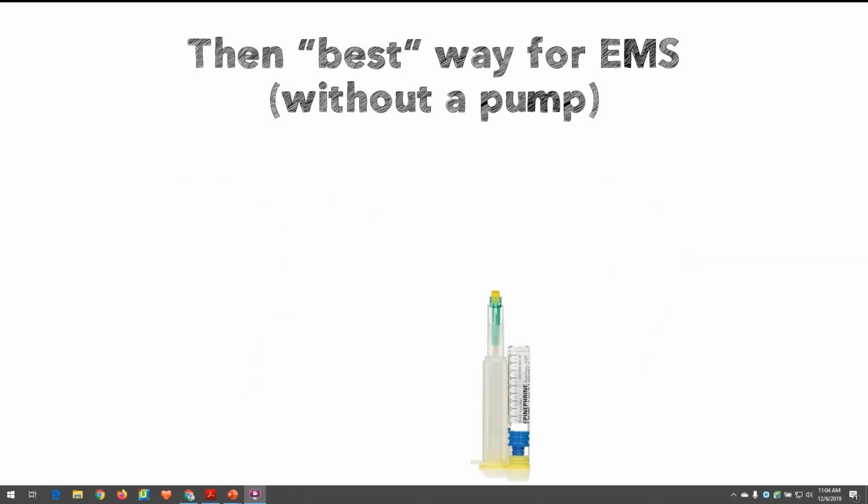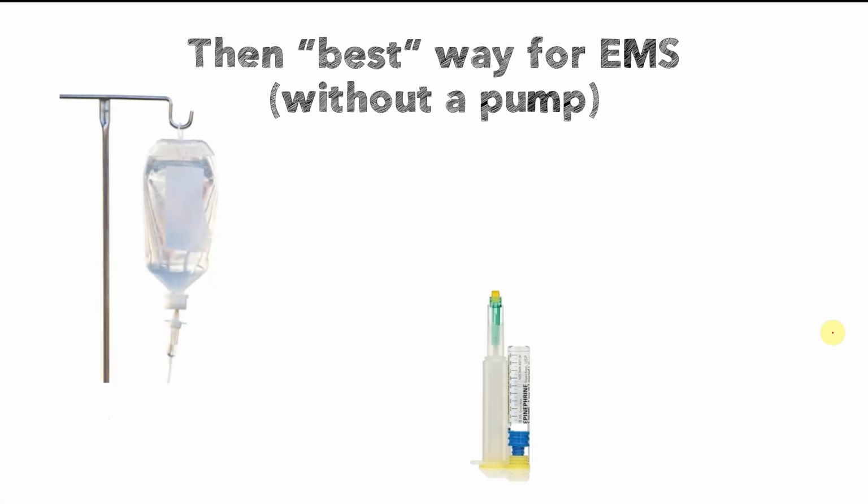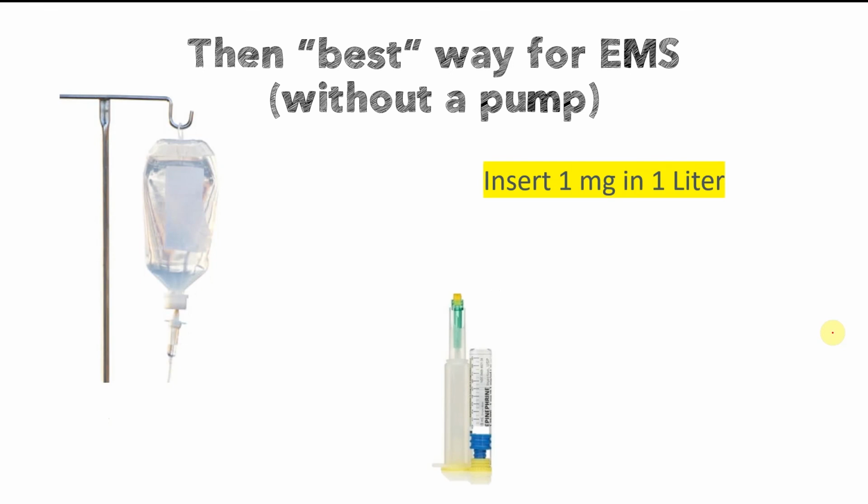And when we're administering an epi drip, the best way right now without a pump is to take 1 milligram of epi. It really doesn't matter if it's epi 1 to 1,000 or epi 1 to 10,000, which actually we're supposed to be calling 1 milligram in 1 mL or 1 milligram in 10 mLs. So we want the IV epi, the cardiac epi, and we want to put that in 1 liter. Okay.